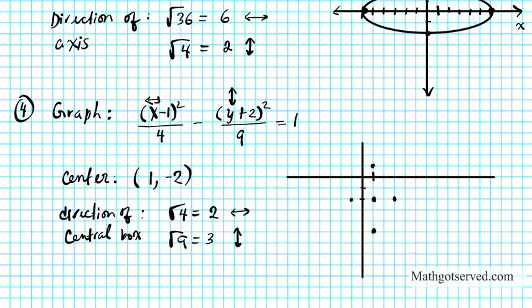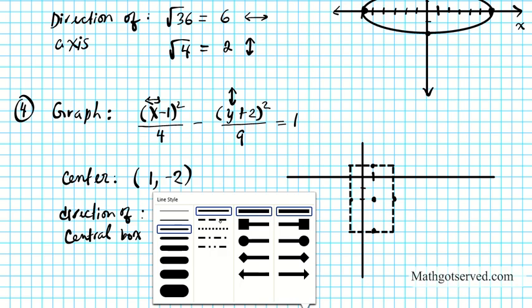Okay, now let's create a central box and then draw the asymptotes. I'm going to draw this using a dotted line so that it's not the actual curve. That's why I'm using a dotted line. Alright, so there goes your central box, and now we're going to graph the asymptotes.